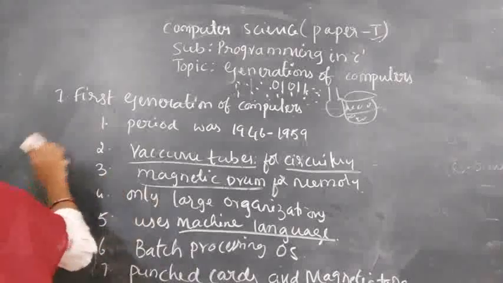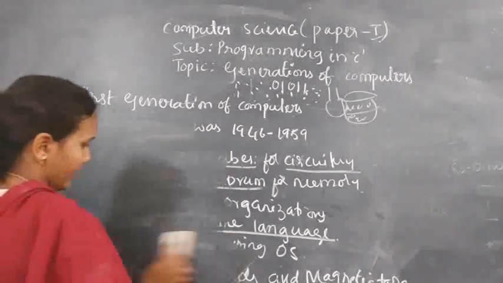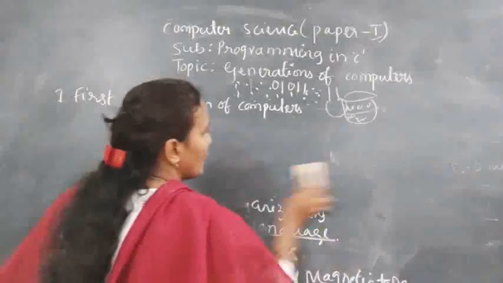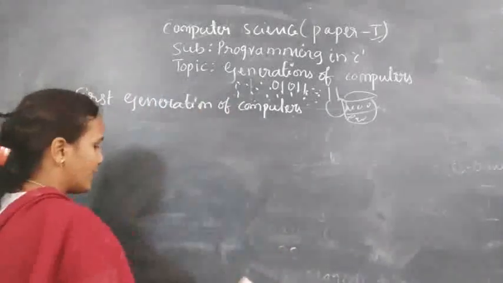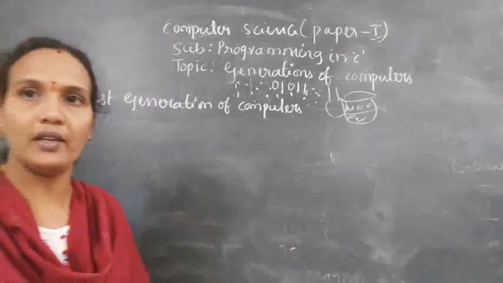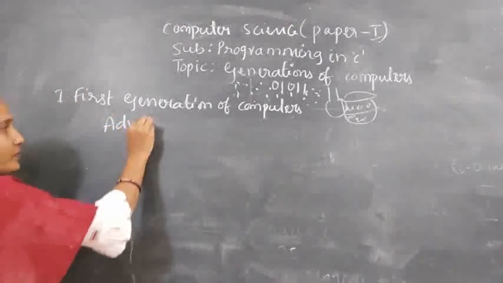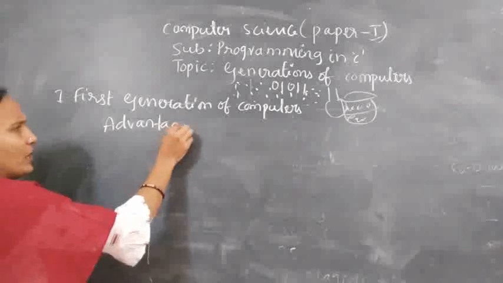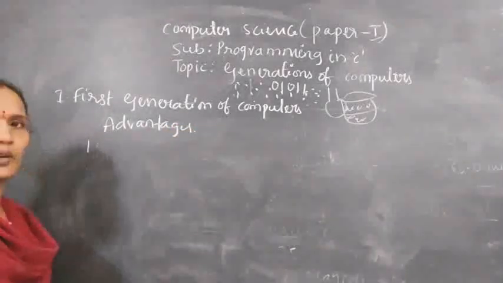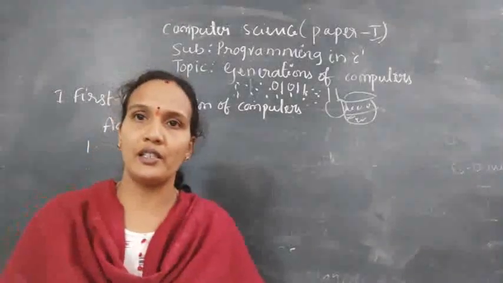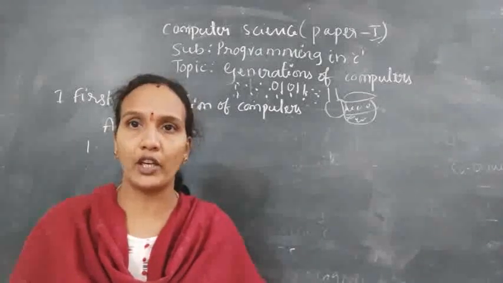Now we'll discuss the advantages of the first generation. What advantages do we have? In the first generation, we have only a limited number of advantages. The first advantage is that the technology was vacuum tubes.